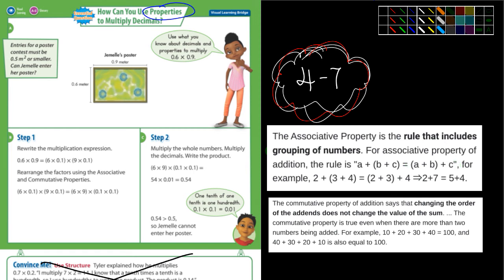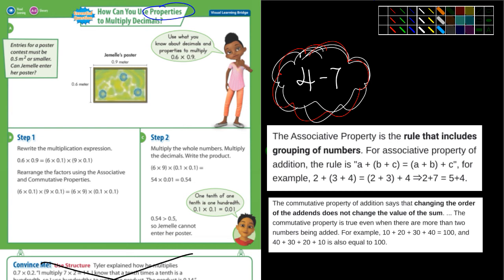And so here's a real example. 2 plus, in parentheses 3 plus 4, is the same as, in parentheses, 2 plus 3 plus 4. I think most of you intuitively know that. You can just look at it and go, well, yeah, that kind of makes sense. So just remember, associative starts with an A, has to do with grouping.